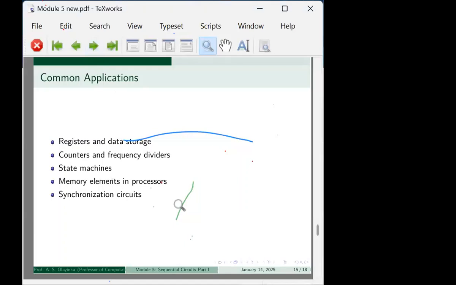Areas of application. Remember I mentioned earlier talking about your laptop, for instance. If you hibernate, you can still come back and you still have all your work intact. You can recover. So these are the common areas where flip-flops are being used.